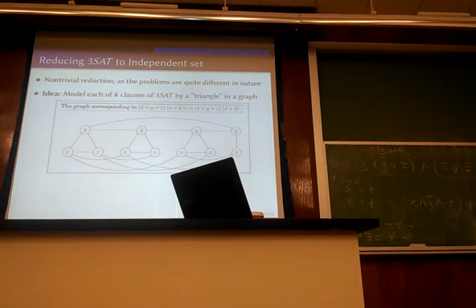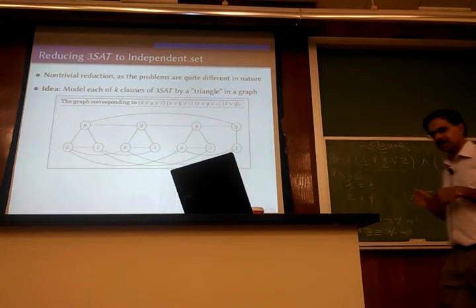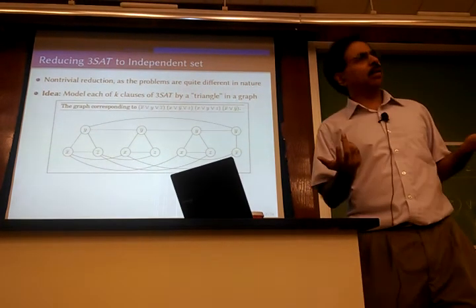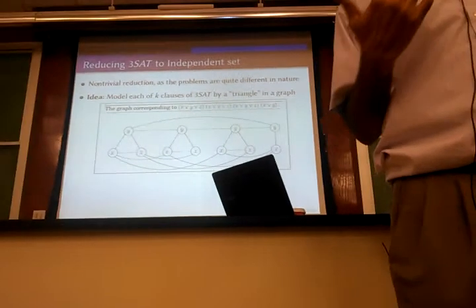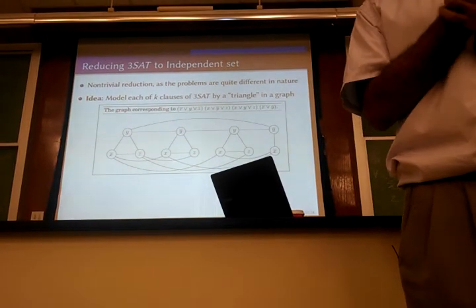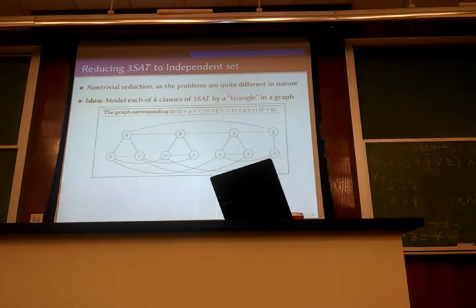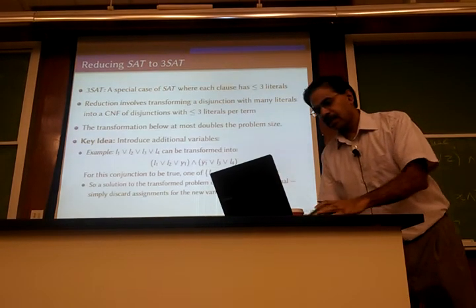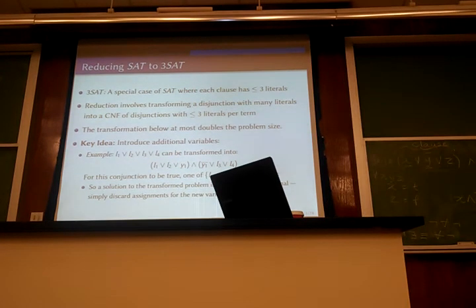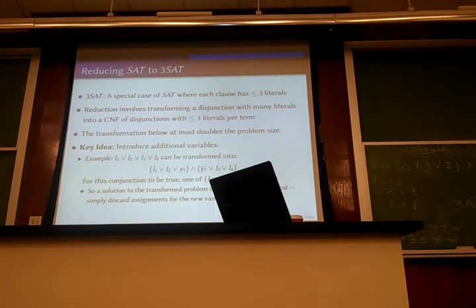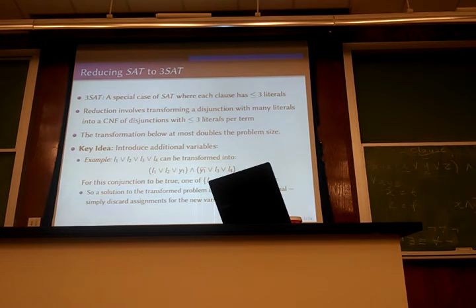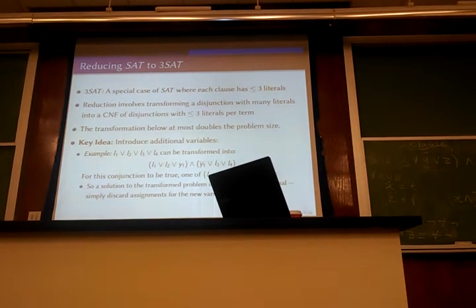So we are going to take 3SAT. And once again, you might ask, why did I bother to prove that a special case of SAT is actually NP-complete? I already know the general case of SAT is NP-complete. Why did I even bother to do what we did in the previous slide? Simply because proofs are sometimes easier when you constrain the problem in some way, and that's the only reason.